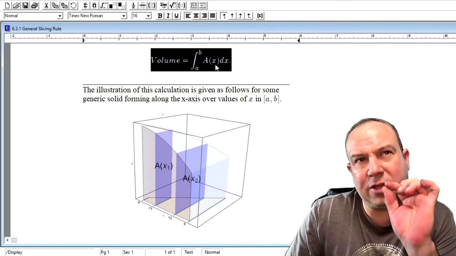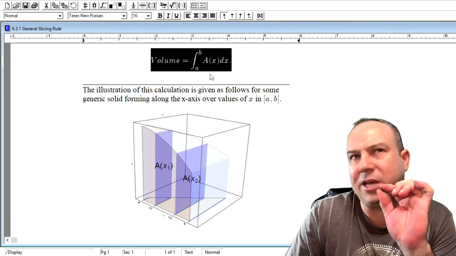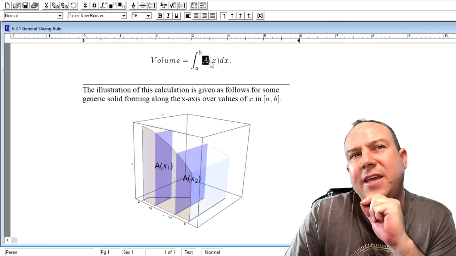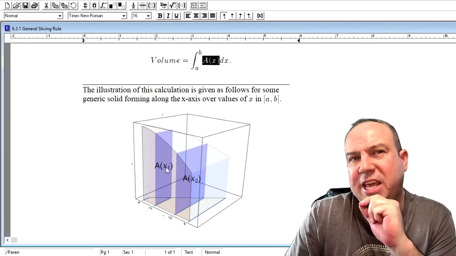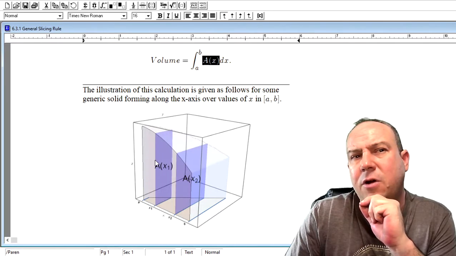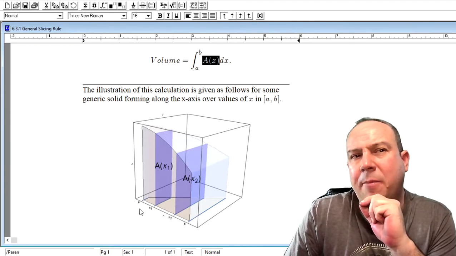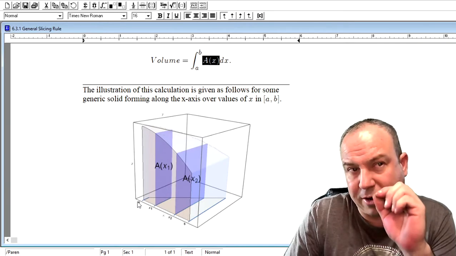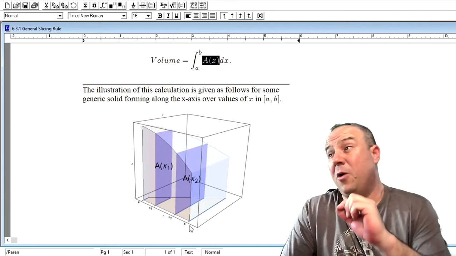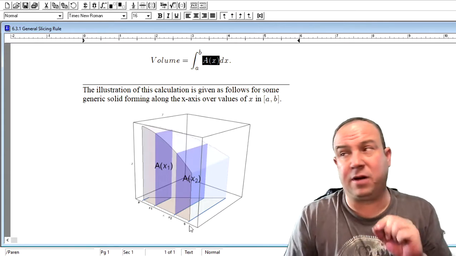What it is actually doing, though, in terms of this volume calculation, is we are taking this quantity A of x, which is the area of all the cross sections that are occurring at each and every value of x on this interval from a to b. How many of those cross sections are there on this interval? Well, there's an infinite number of those cross sections.